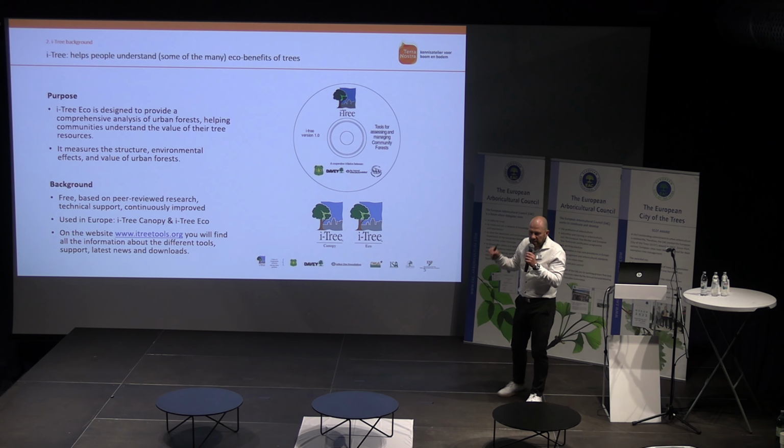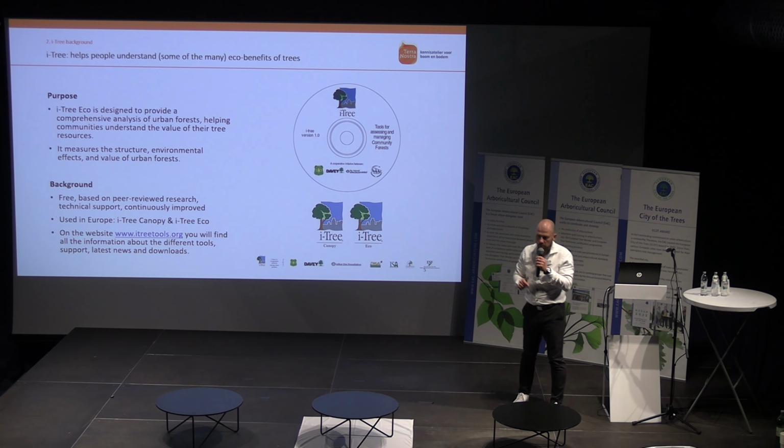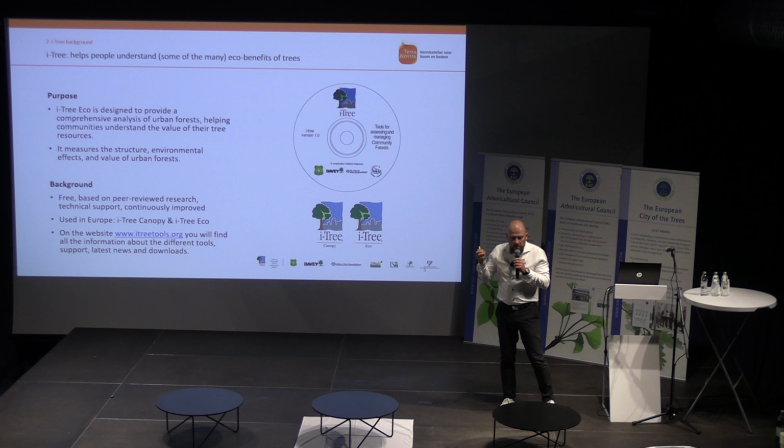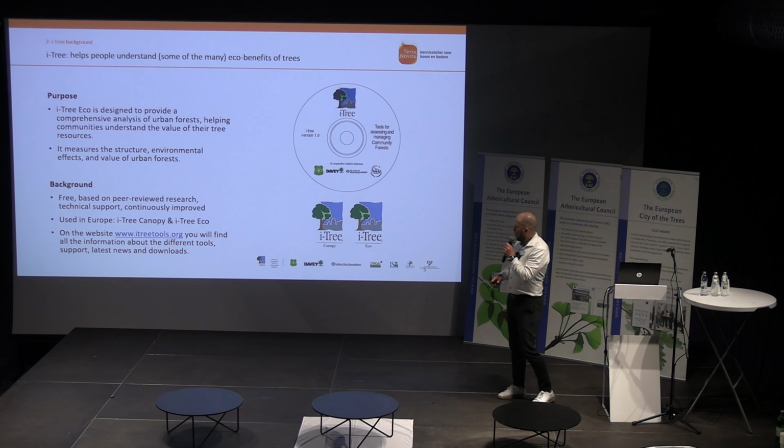The main reason i3 was developed was to provide a comprehensive analysis of urban forest, helping communities to understand the value of their tree resources, the eco-benefits of the trees. And it is free software, peer-reviewed, open, and it can be downloaded by every one of us, and we can start using it tomorrow.